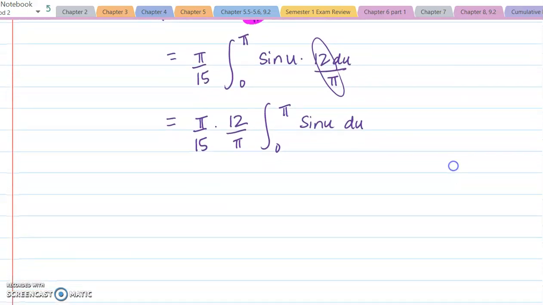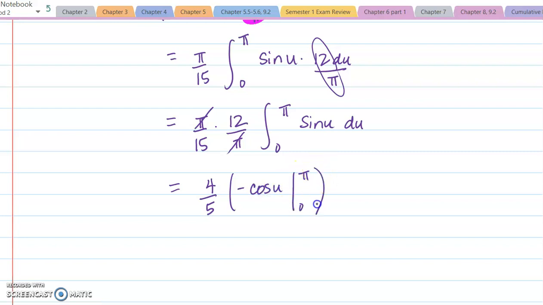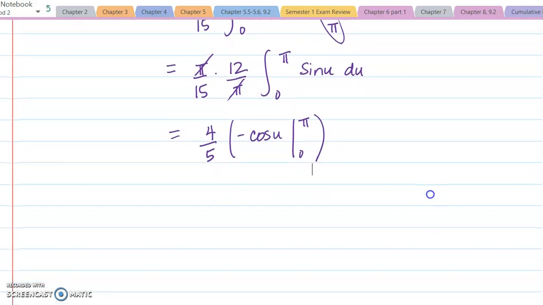All right, so now we're ready. Pi's cancel out. 12 over 15 is 4/5. The antiderivative of sine, or where sine comes from, like sine is the derivative of this function, is negative cosine. And you evaluate that from 0 to pi.